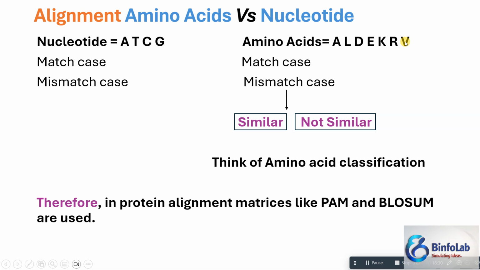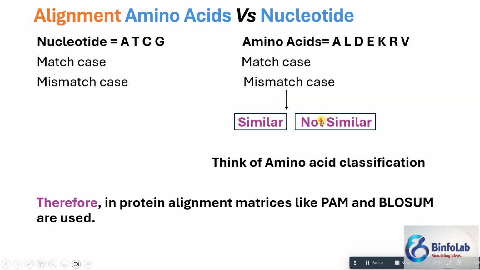We will have a similar case here. If the second sequence contains alanine, A, here, then it will be a match case. If it contains L here, it will be a mismatch case. But in the case of amino acids, things are a little bit complicated.